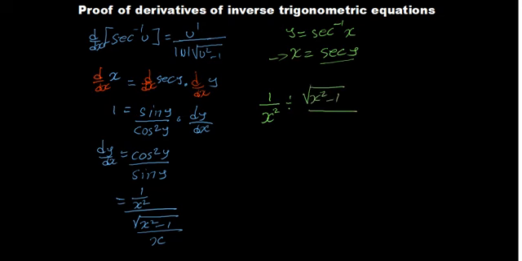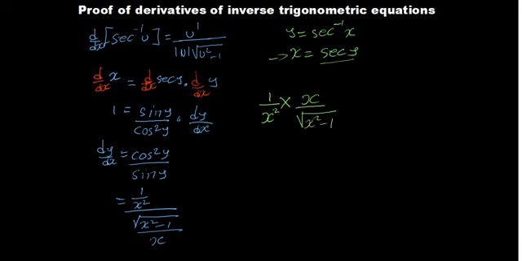So meaning we can change this sign here and make it a multiplication sign, and we also change the numerator. The numerator will become the denominator, and the denominator will become the numerator. So our denominator here was x, it becomes the numerator. Then the numerator was the square root of x squared minus 1, which becomes the denominator. So the square root of x squared minus 1, like that.